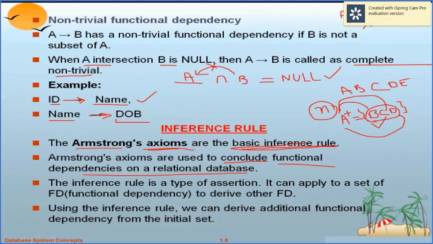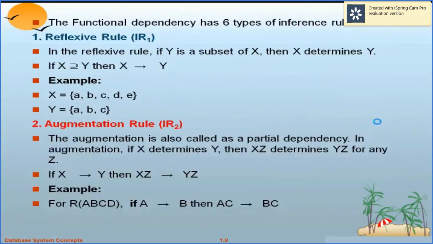So this is how you will be creating a closure set for a set of functional dependencies in a table. And how to form the closure set? Here is a set of rules in front of you, which guide you in forming those functional dependency closure sets. Of these 6 types of rules, your first rule is the reflexive rule.